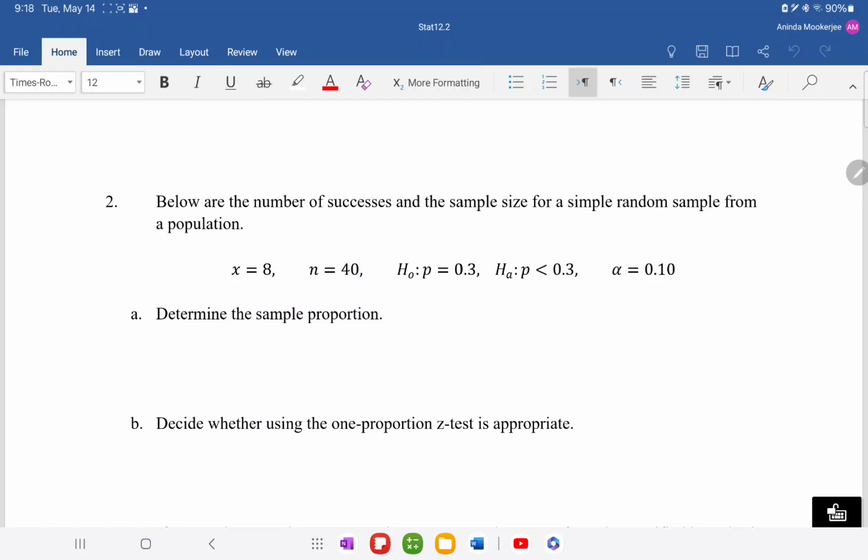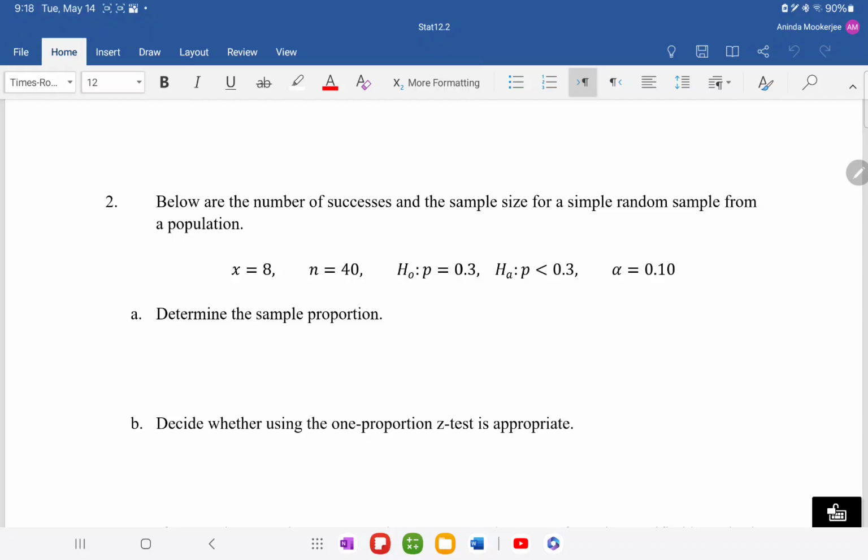Now, these are all hypothesis tests, so they have stated the null and the alternate hypothesis for us and given us alpha, which will represent the significance level at which we will be testing. Chapter 12.2 was on hypothesis testing of one population proportion. So that's what we are working towards in this worksheet.